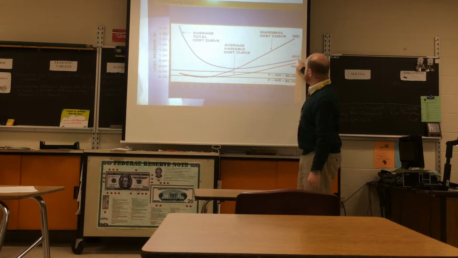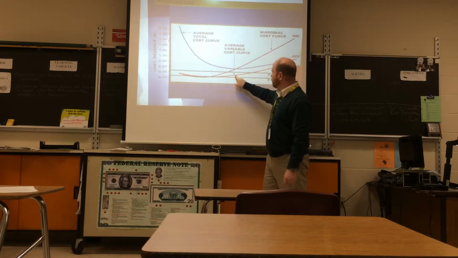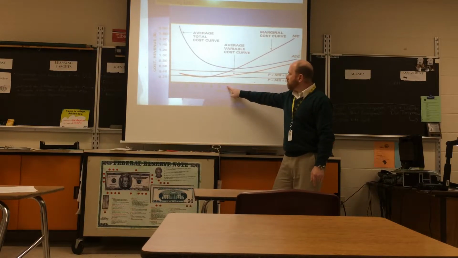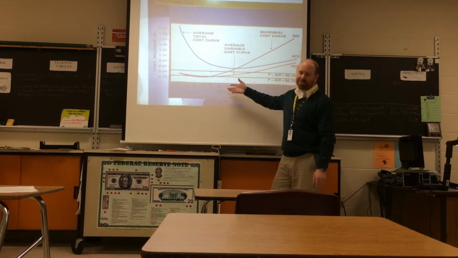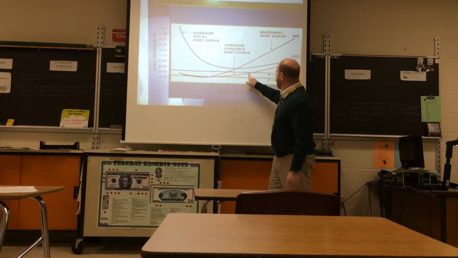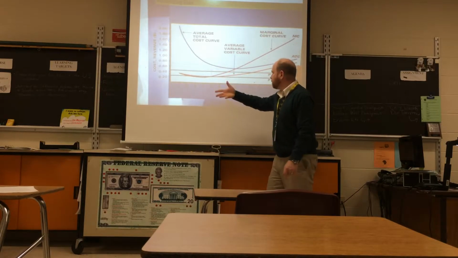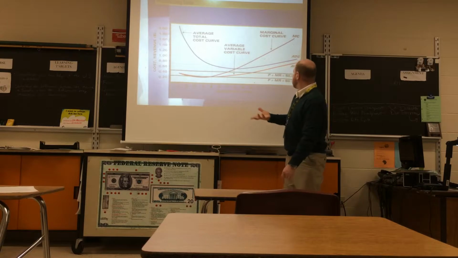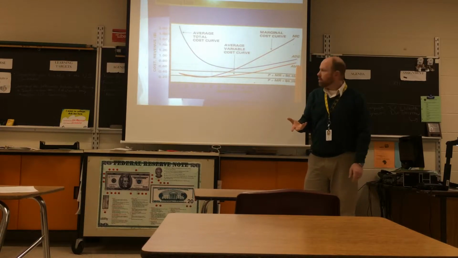So what you do is you look at the average variable cost curve right here and look to see where that is. And at the profit maximization, which turns out to be the loss minimization point right here at 7,000 units, the average variable cost is about 20, maybe 30 cents.